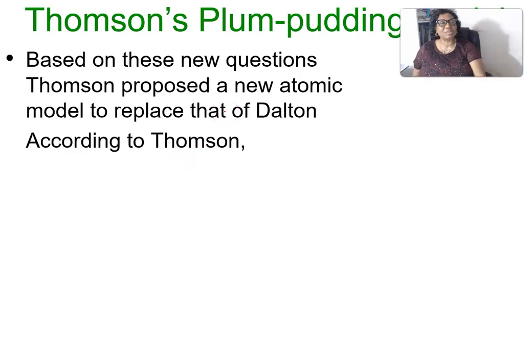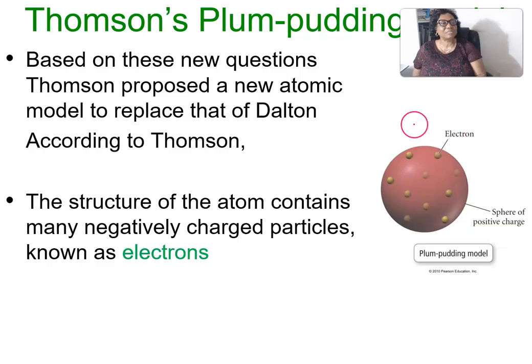So look at this model. This is his model. He said we can relate it, as Americans, to a blueberry muffin. But in English, they call it the plum pudding model.